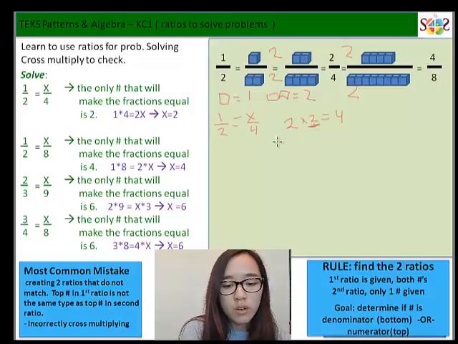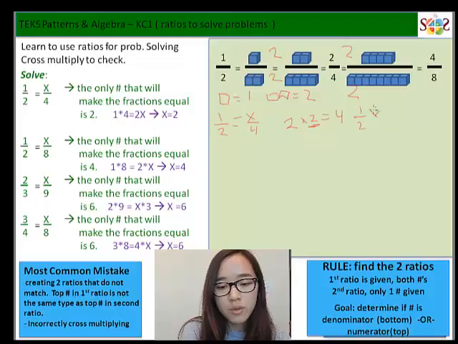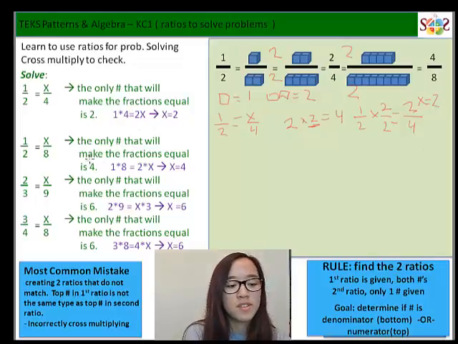So we can multiply 1/2 times 2 over 2. We'll start with the numerator. 1 times 2 is 2, and 2 times 2 is 4. So x equals 2.